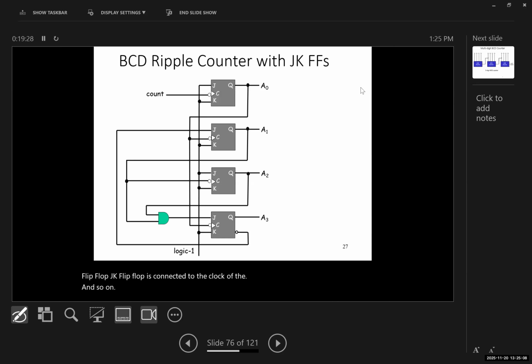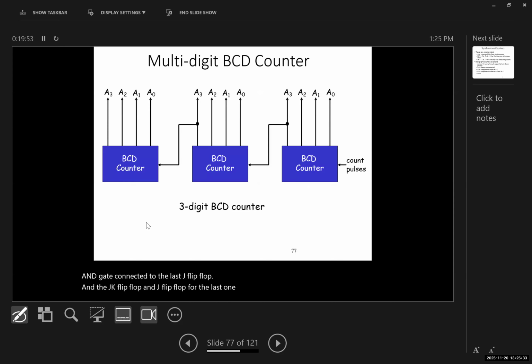The second one to the third one, and the third one to the fourth one, but with a small difference between them. Because obviously we can't go over 1001. The system will look like this. You would have an AND gate connected to the last J input. And the K and J inputs for the last one are not connected together.